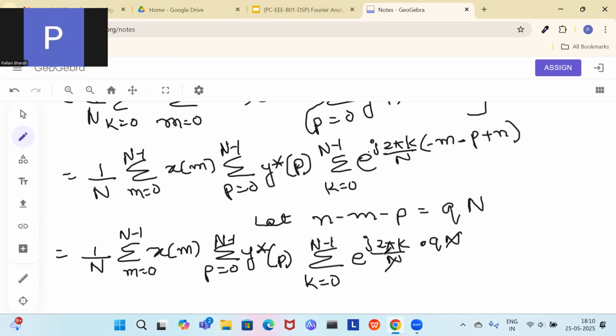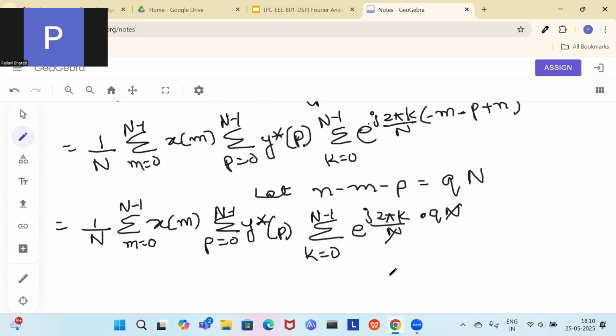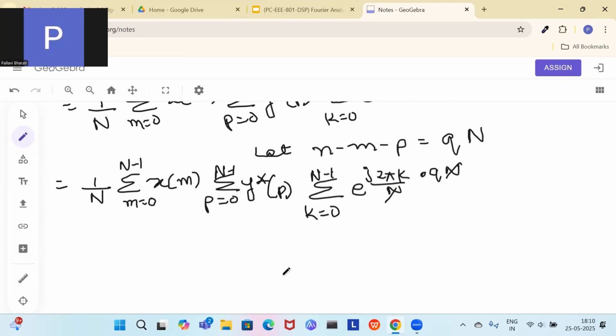Now this N and this N get cancelled. Now again, I'm not copying the things. I'm writing only for this side. The rest of the things here are going to be the same. So e to the power j 2 pi q whole raised to the power of k, because k is changing, and this whole thing is going to remain equal to 1.